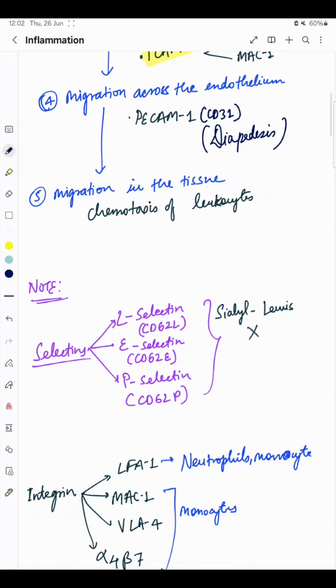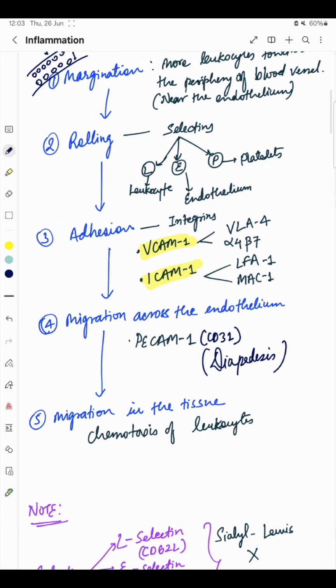Now before going further, we need to discuss the selectins and integrins. The selectins, as we have seen, help in the rolling process of inflammation.